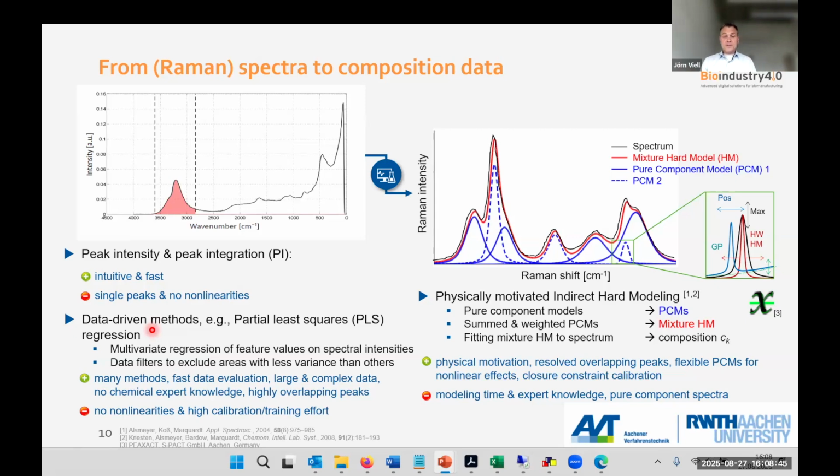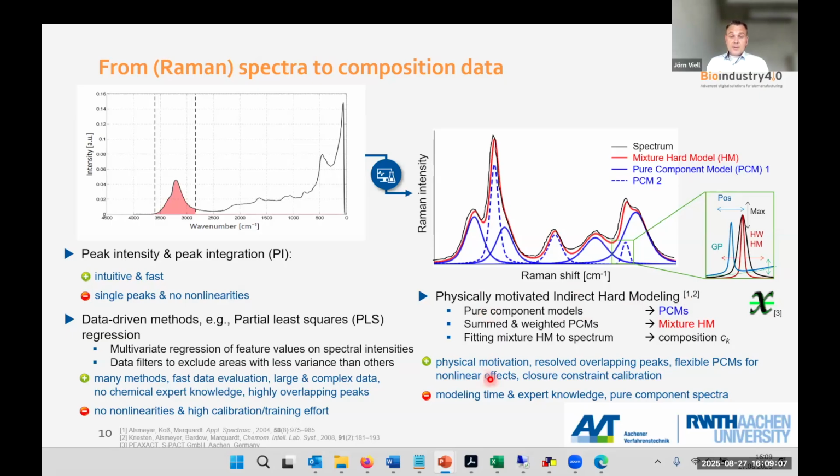which is why I would like to introduce a physically motivated alternative here, the so-called indirect hard model, which is based on the idea to have pure component models, combine them in a mixture model, and then calibrate in order to derive the composition of the components that you want to determine.